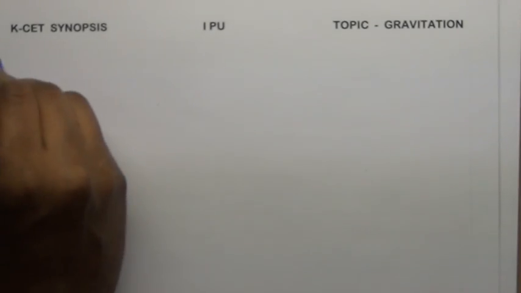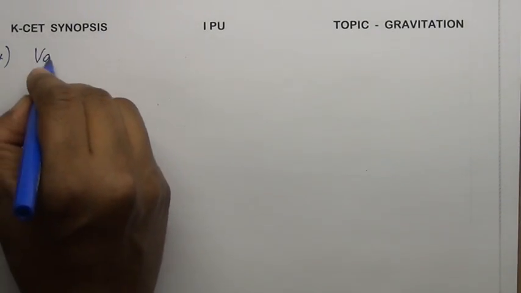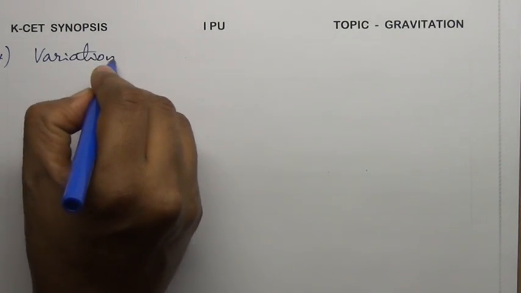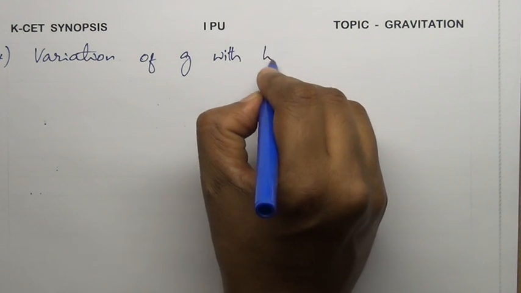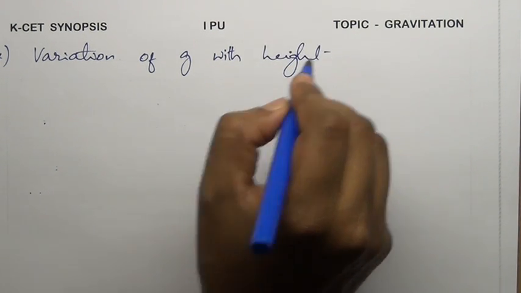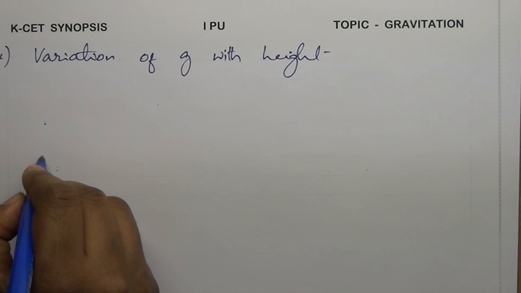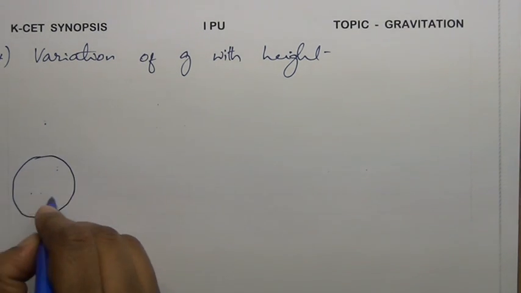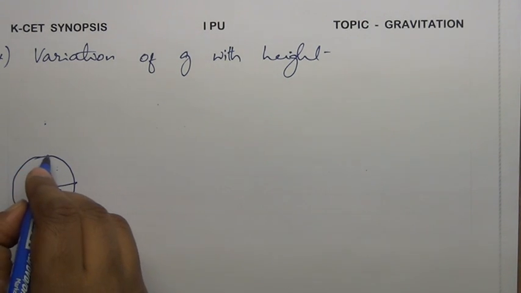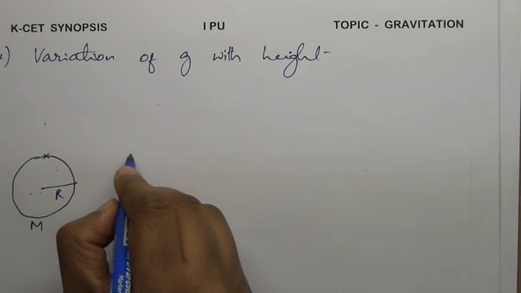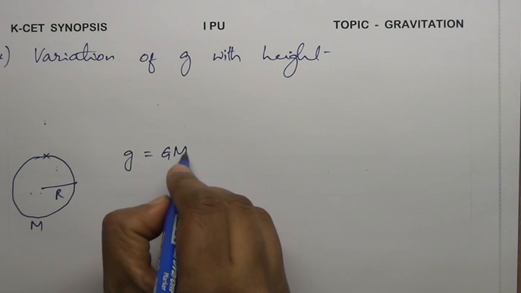Now, fourth, variation of g with height. If this is the earth, with mean radius R and mass M, the acceleration due to gravity on the surface is G M by R square.